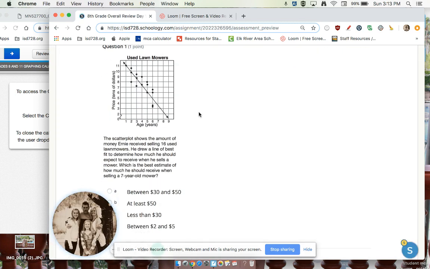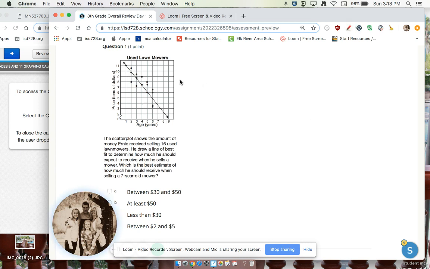Given this scatter plot, it says that the scatter plot shows the amount of money Ernie received selling 16 used lawnmowers. He drew a line of best fit to determine how much he should expect to receive when he sells a mower. Which is the best estimate of how much he should receive when selling a 7-year mower? So I'm looking at the scatter plot here, and this is his line of best fit.